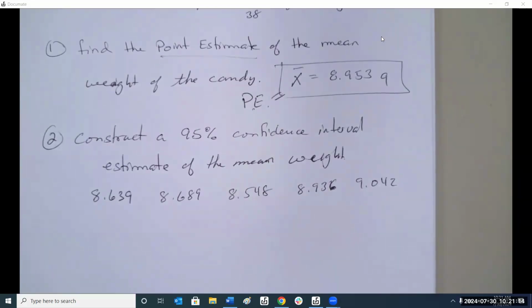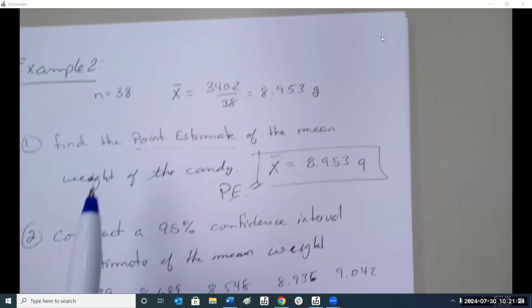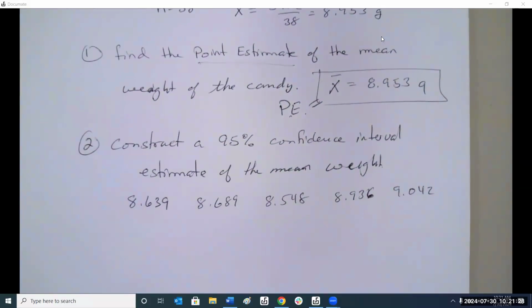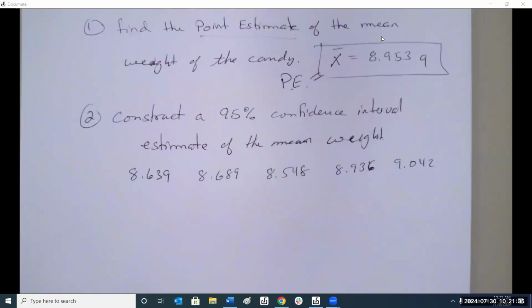So it's random. Is it normally distributed? Or does it matter? Doesn't matter because our sample size is bigger than 30. Since it's bigger than 30, we can go ahead and use the t-test, or the t-distribution.